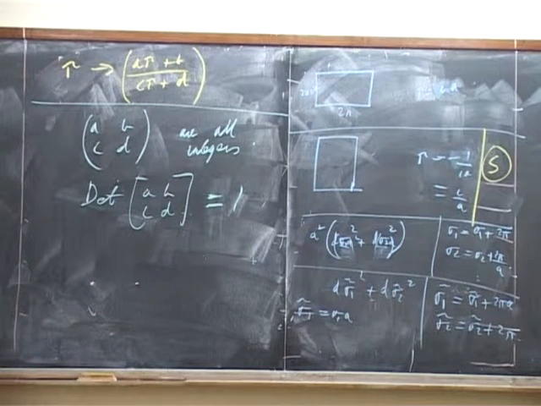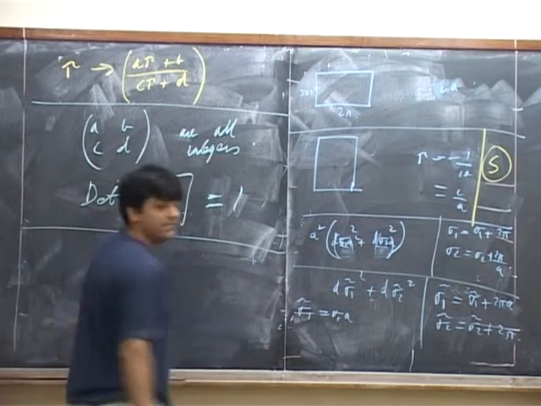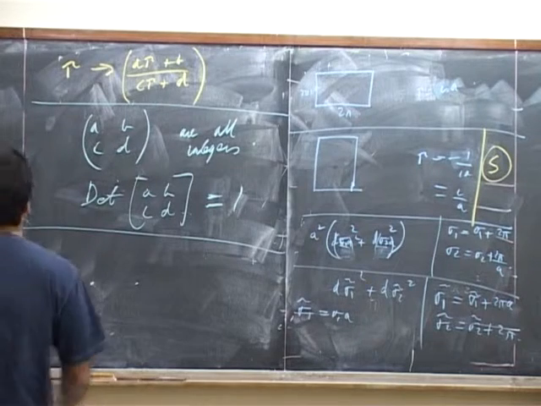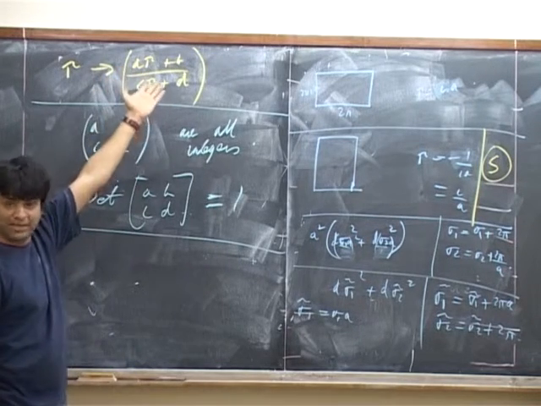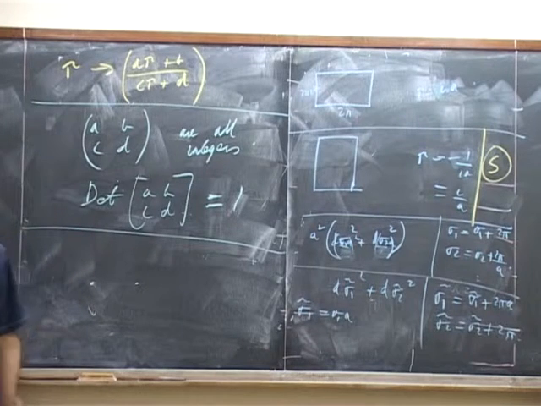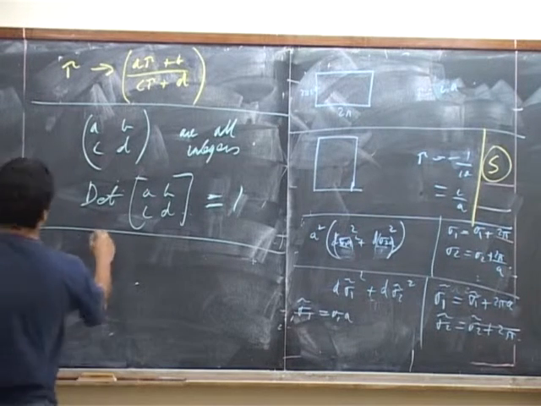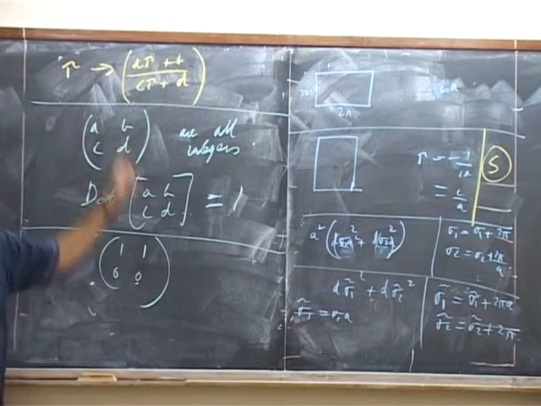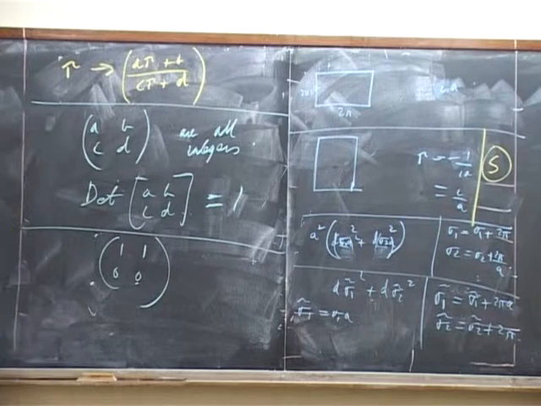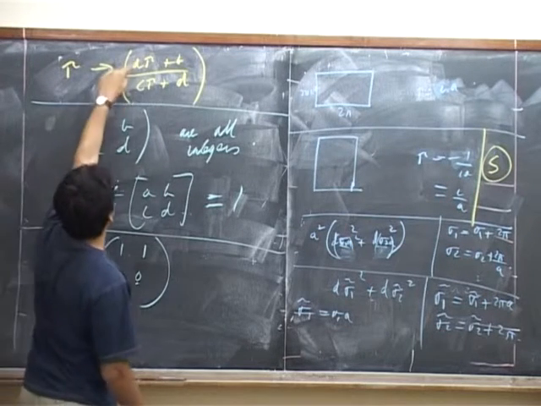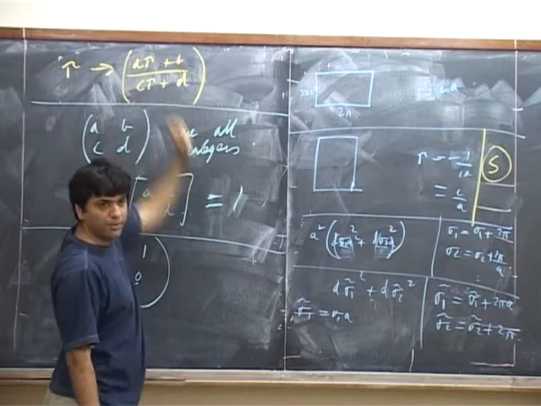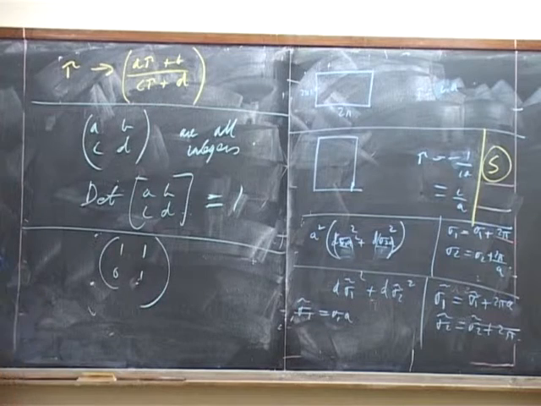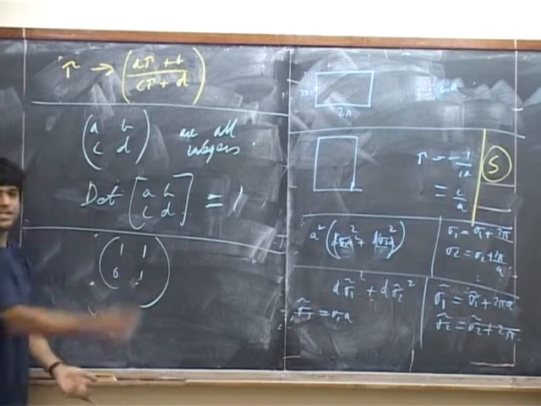Okay, first, in order to convince you of this, I'll tell you about two facts. Well, first let's say that the two operations that we looked at were this one. Tau goes to tau plus 1 is what? It's the matrix 1, 1, 0, 1. Right? Because tau goes to tau plus 1, so A should be 1, D should be 1, B should be 1, C should be 0. So this is a matrix with determinant 1, all integer coefficients.